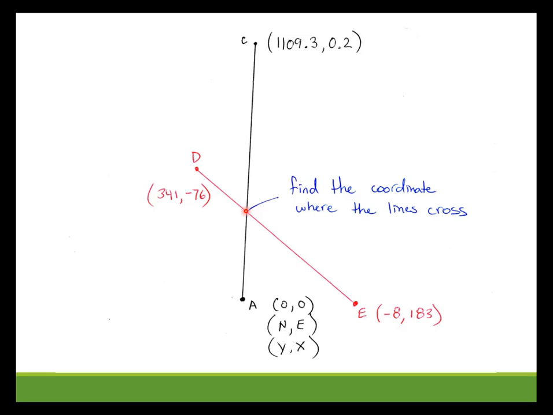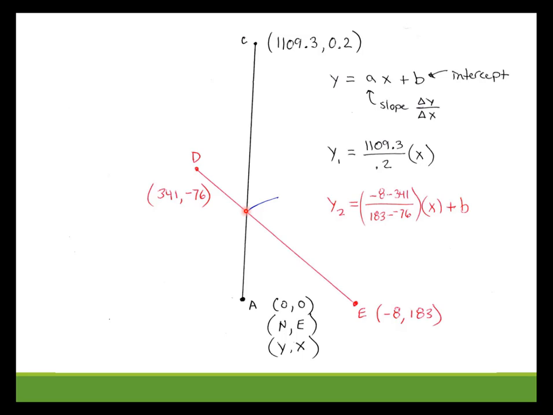In order to do this, consider the formulation of each of these lines. Y equals ax plus b, where a is the slope of the line, delta y over delta x, and b is the intercept.